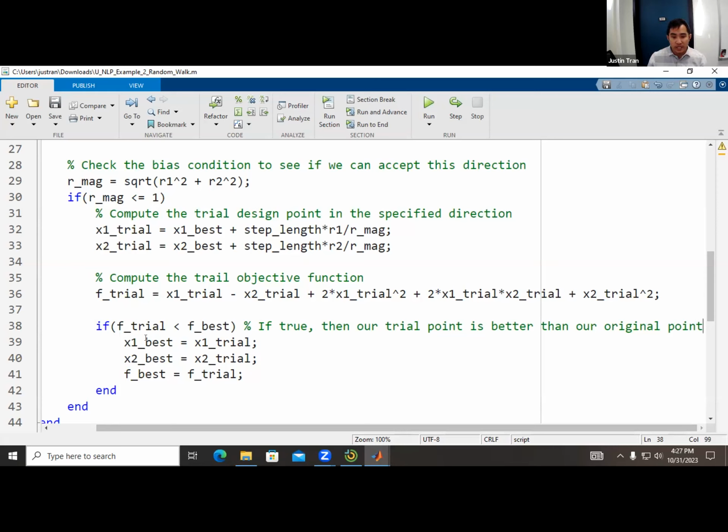Then we're going to save our variables: x1 best is equal to x1 trial, x2 best is equal to x2 trial. These two lines of code, lines 39 and 40, basically execute our step in the random direction. We're saving the values for x1, x2 to be the updated ones from trial. And then we save the value of the objective function at this location.